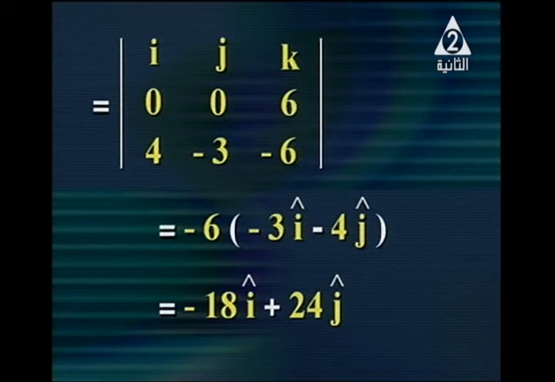Using the second row, 0, 0, 6, we take negative 6 multiplied by the cofactor of the square determinant, which equals negative 18i plus 24j.